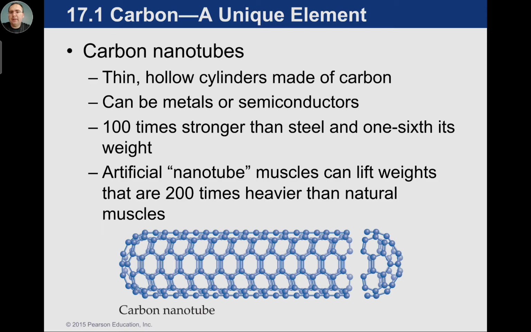A more recent kind of hybrid category of allotropes of carbon would be nanotubes. These are kind of like carbon micro pills or nano pills. These can be made into fibers, and if these fibers are woven together, they're going to be 100 times stronger than steel, but also 1/6 its weight. So this is that carbon fiber bulletproof vest that you might see in a lot of science fiction movies.